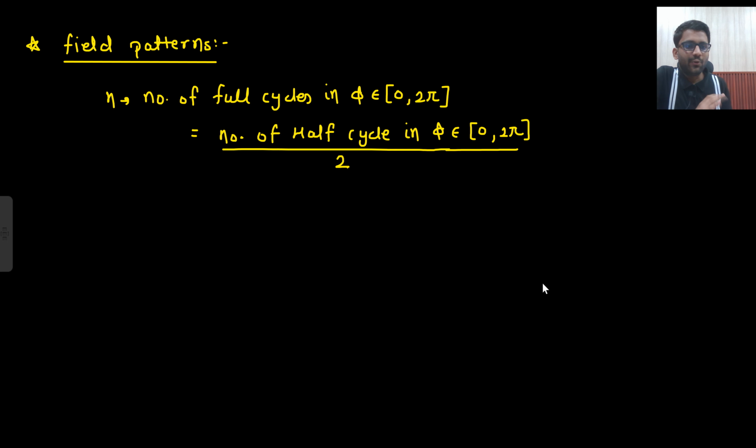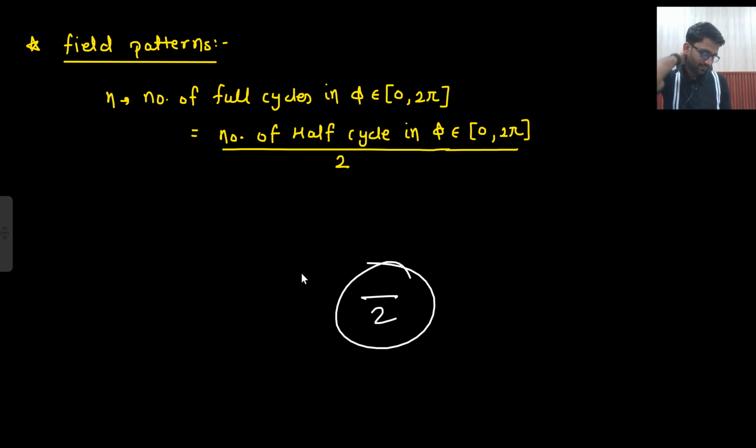So n and p values are there. You know the meaning of p and the meaning of n, so I don't need to repeat it. I have just written down the value of n. What was your n? Your n was the number of full cycles in the 0 to 2 pi range, or you can say the number of half cycles in the 0 to 2 pi range divided by 2.